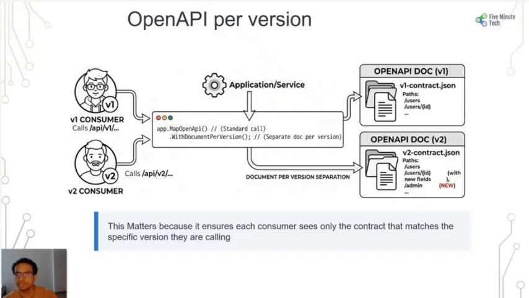These could be named v1 contract JSON or v2 contract JSON, based on the nomenclature you want to follow. Each of these will have its own path mappings as well as any definitions which might differ from each other. This matters because it ensures each consumer sees only the contract that matches the specific version they are calling, and not otherwise.